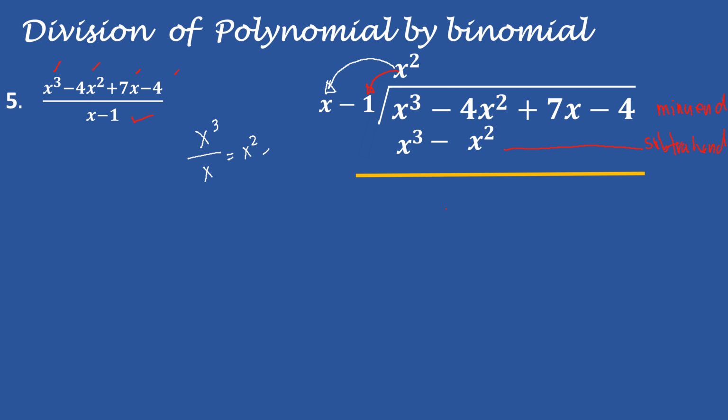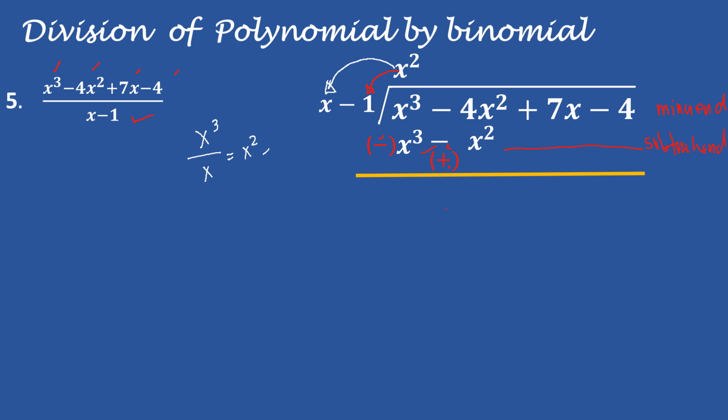Our x cubed is originally positive, so we change it into negative, and that negative is our new sign. And our negative x squared will be changed into its additive inverse, which is positive.